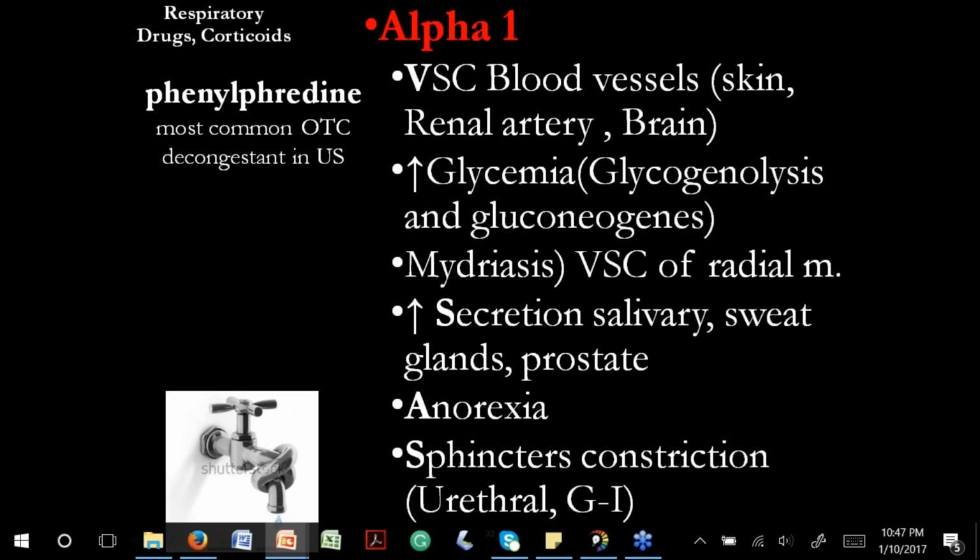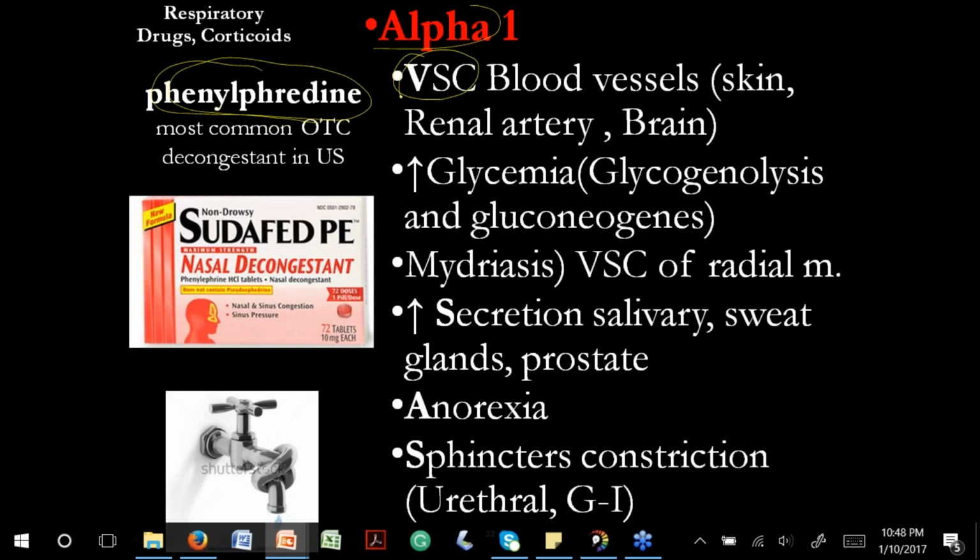All right, so alpha-1: we have the phenylephrine. This is what we need to remember. Phenylephrine, alpha-1, vasoconstriction. That's it. So we have a faucet that is going to decrease the secretions. There are other side effects.